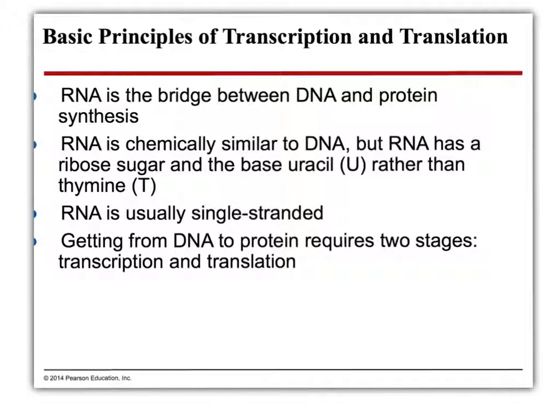What else is different in RNA from DNA? What doesn't it have? Thymine. It doesn't have thymine. It has what instead? Uracil. Single-stranded, uracil instead of thymine, ribose as the 5-carbon sugar.